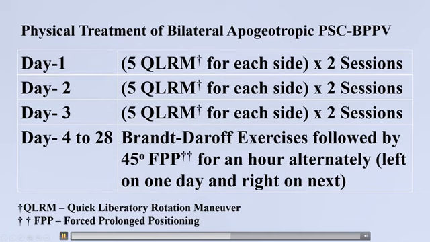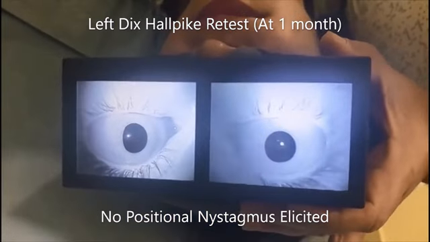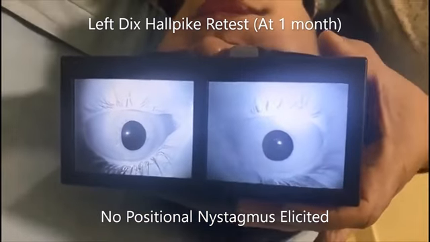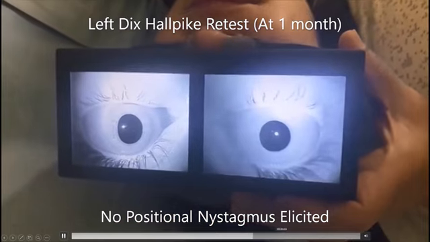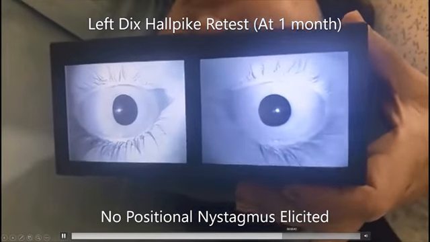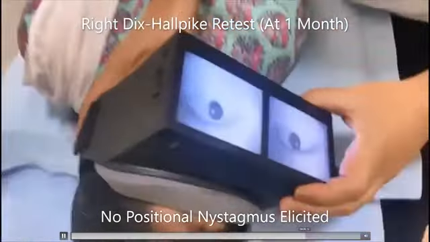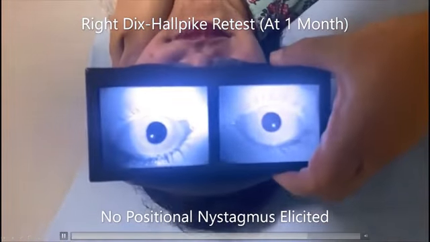At the end of 4 weeks, that is 30 days, the patient was re-examined again. No positional nystagmus was elicited in the left Dix-Hallpike test, which was maintained for around 1 minute. And there was no nystagmus elicited on the right Dix-Hallpike test as well.